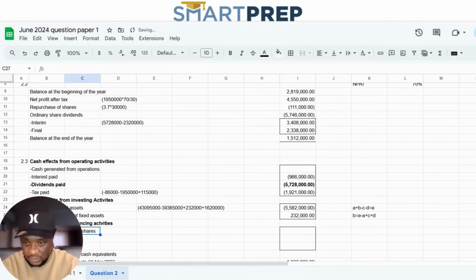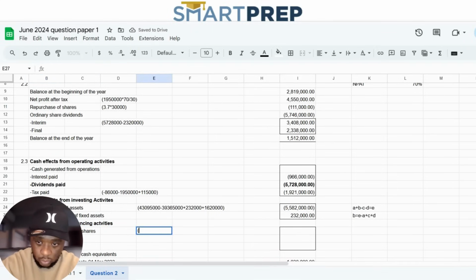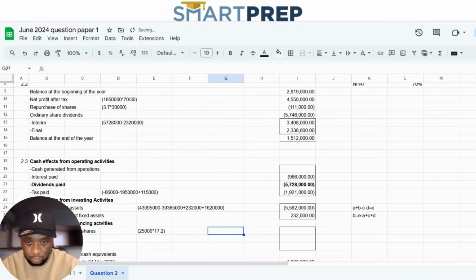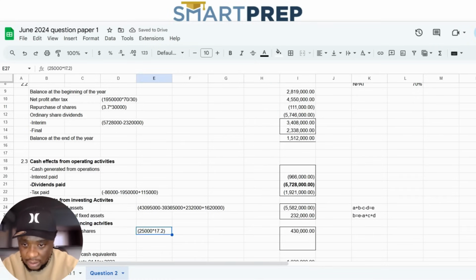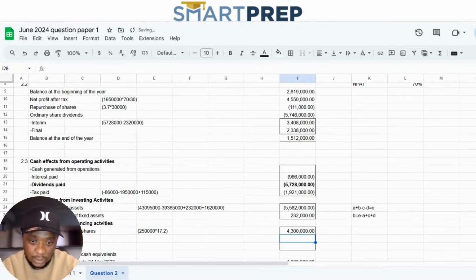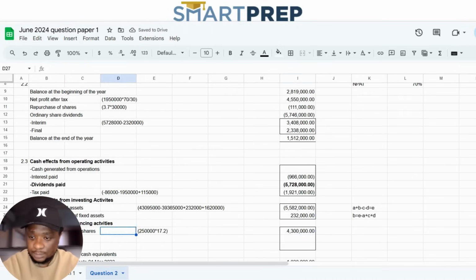Those proceeds from issue of shares work out like this: 250,000 multiplied by 17.2. And then that works out to 430,000. I think it should be 4 million instead. I left one more zero in my calculation, so that works out to 4.3 million.